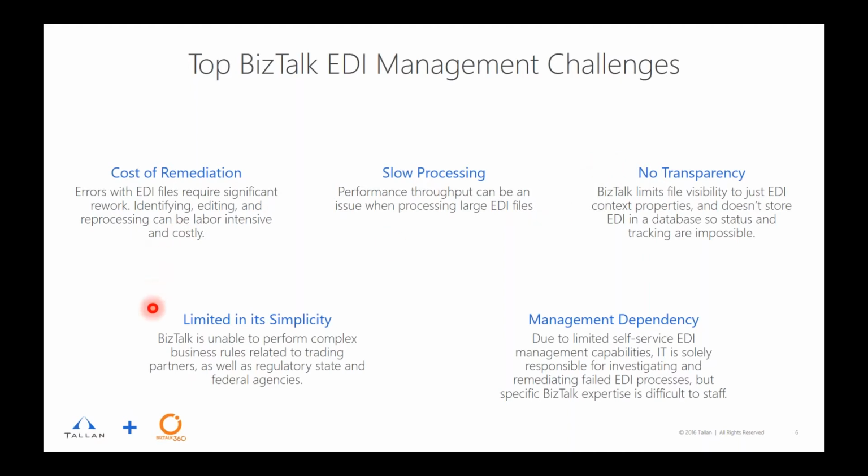We've also seen it limited in its simplicity, and what we mean by that is, for example, the BizTalk maps, or in healthcare, SNIP levels 1 and 2. In non-healthcare, it would be essentially your implementation guides, trading partner guides, your structural validations, and those types of things. Basic validation, BizTalk does pretty well. Basic mapping, it does fine.